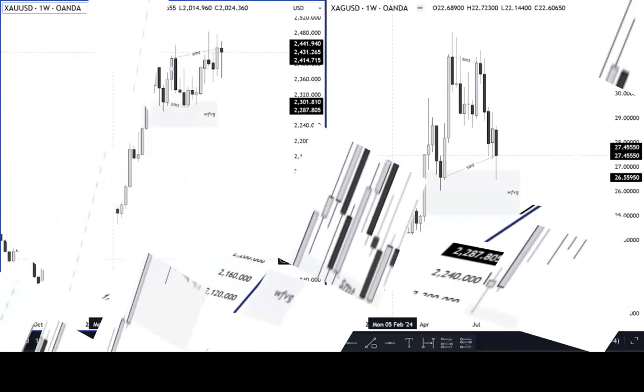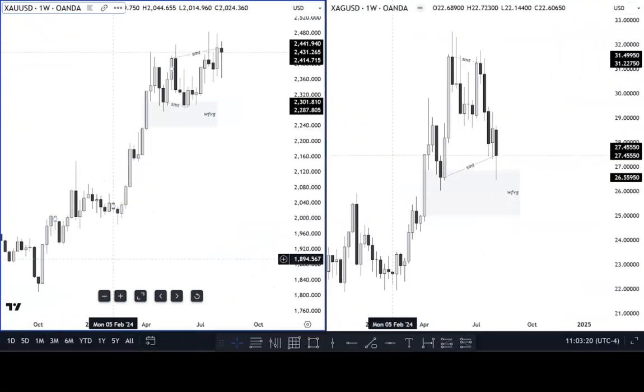Alright, so it's the weekly chart on gold, and you'll see my annotations. What happened here was we had SMT inside of an internal range liquidity, and that was the weekly fair value gap.